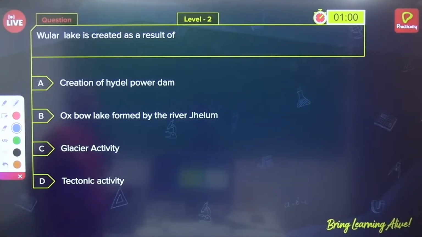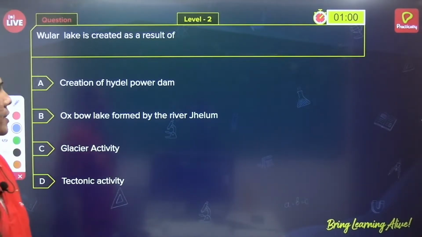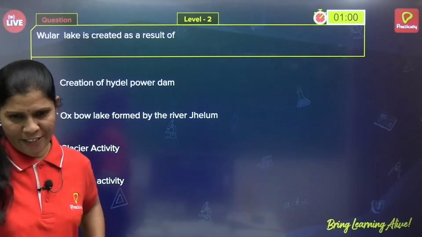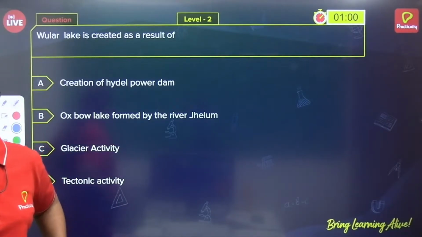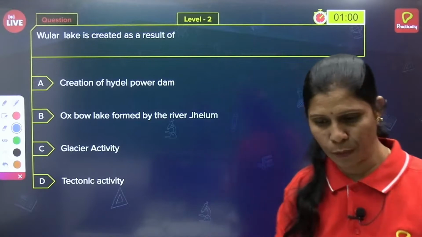Let us have a look at Wular Lake. Wular Lake. Have you heard this name? Can anyone answer me? Where do you find Wular Lake?